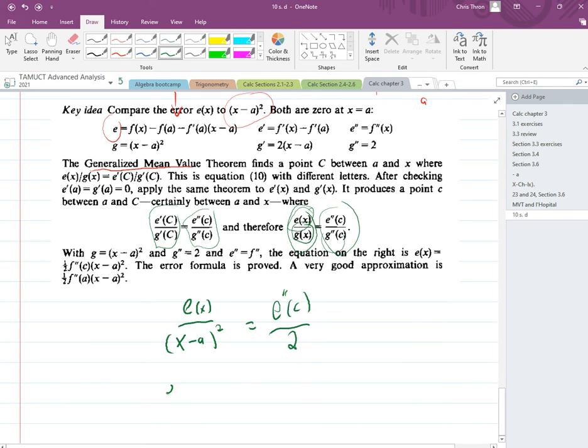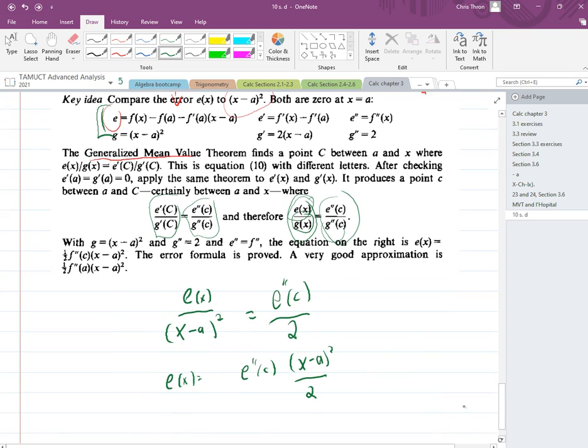So that gives me that e of x is equal to e double prime of c times x minus a squared over 2. Okay. But what is e double prime? Well, go back to the definition of e here. If I take the second derivative of e with respect to x, well, that gives me f double prime here, 0 and 0. So e double prime of c is equal to f double prime of c.